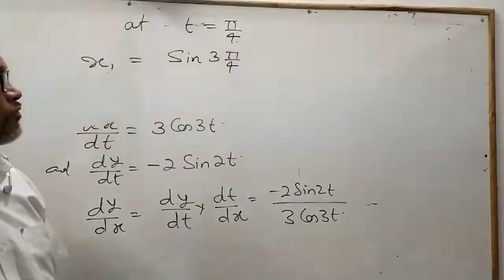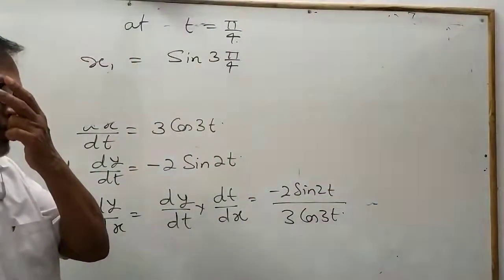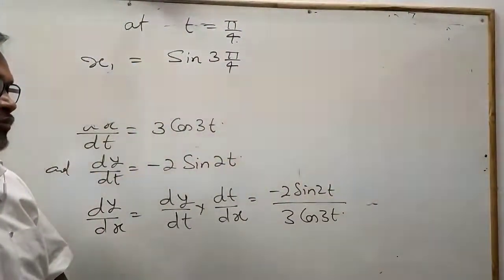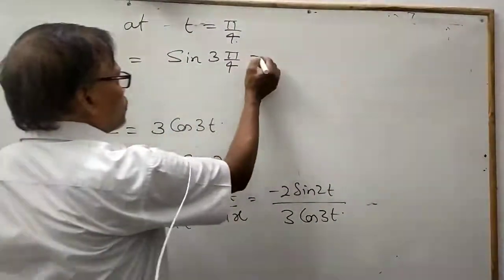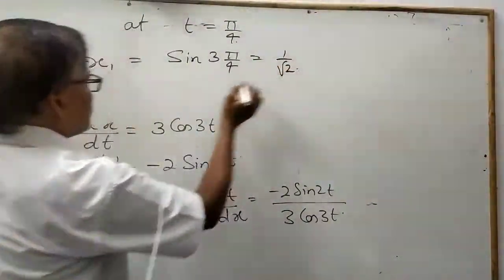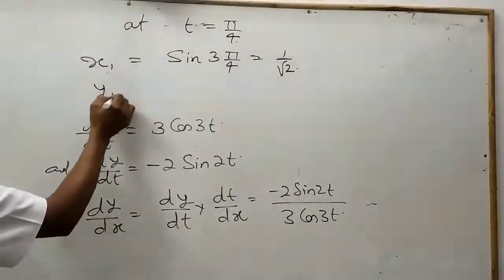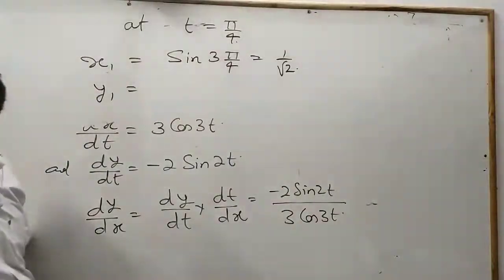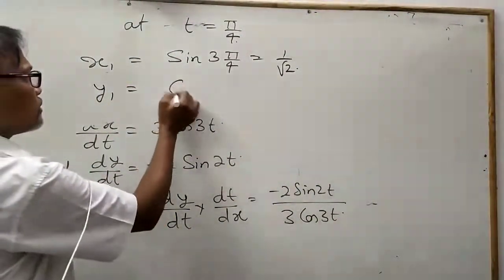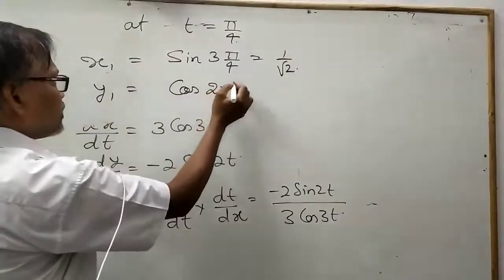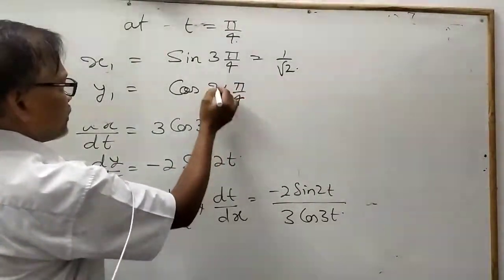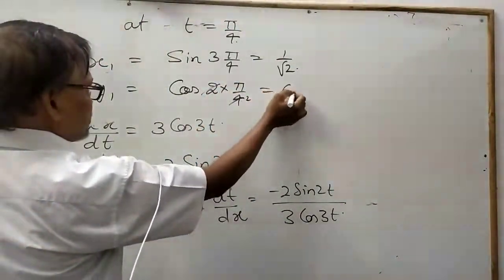Sine 135. Sine 135 means 90 plus 45. Cos 45, 1 by root 2. And what is the y1? It is cos 2t. So cos 2 into pi by 4, 2 2s are pi by 2, that is 0.